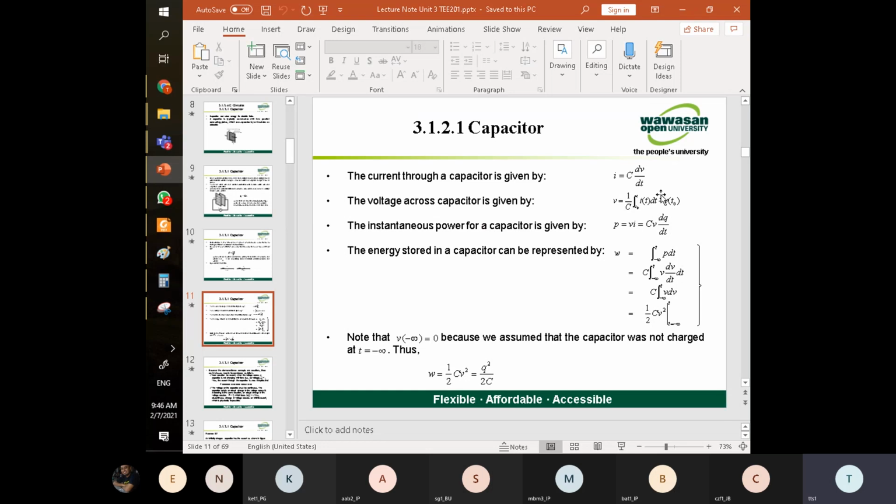This is the initial voltage stored in the capacitor, plus 1 over C integrated from T0 to T. These are the two most fundamental you should remember. Another one is the total energy we can store in the capacitor: 0.5 times the capacitance times V squared. These are the few frequently used equations you should remember.